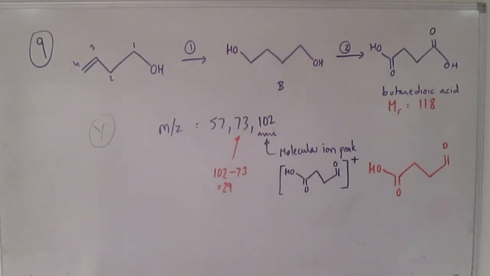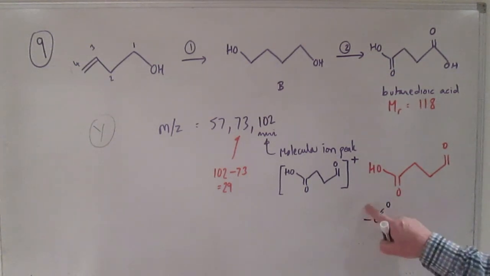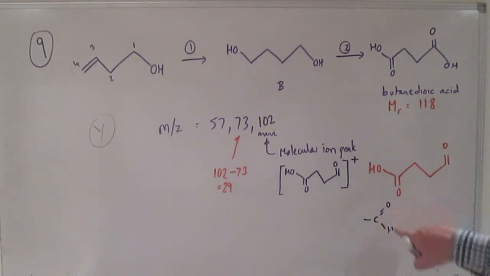Well, 29 can occur in two common ways by adding up combinations of carbon, hydrogen and oxygen. One is CH2CH3, an ethyl group, that adds up to 29, and there isn't one in that molecule, so that doesn't seem to fit. But the other one is CHO, an aldehyde group, because if you add up 12 and 16 and 1, you get 29.